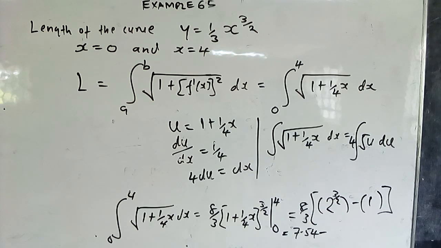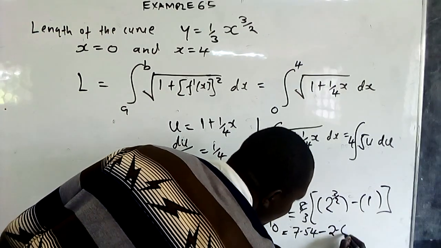So you've done it for the upper limit, isn't it? You've done for 4 and you found 7.54. Then we are now doing for 0, isn't it? For 0 you have 8 over 3, what I've written there, which is 2.67. So here we have 2.67.